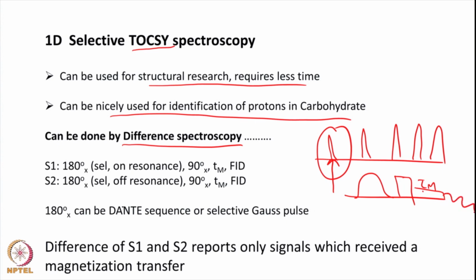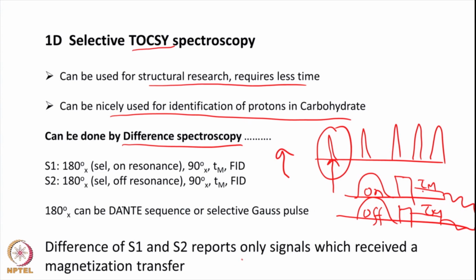In the next experiment we do the same thing, we apply a 180 degree pulse, but this time not on resonance but off resonance, somewhere here. Then we apply a 90 degree pulse, then we have a mixing time, and then we detect the FID. Then we take the difference between S1 and S2.